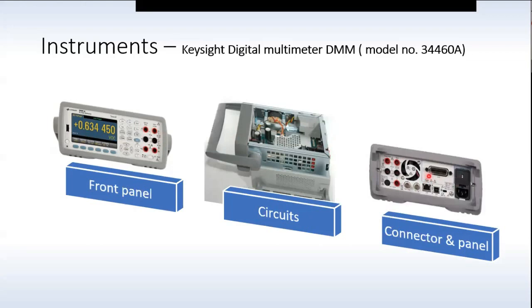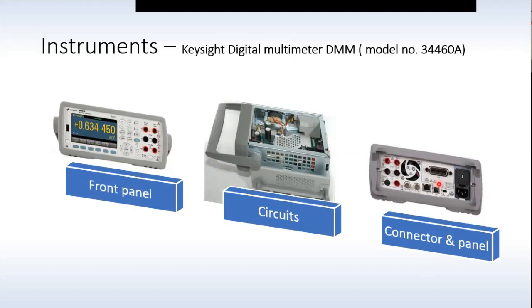So this is called the back panel, or connector panel. You can apply the power and connect it to the PC. So a real instrument has three parts: front panel, inside circuits, and back panel, where you can connect to others.